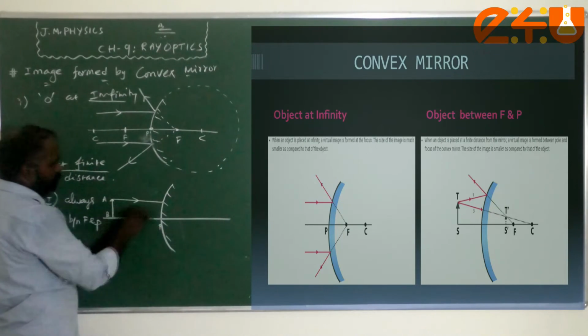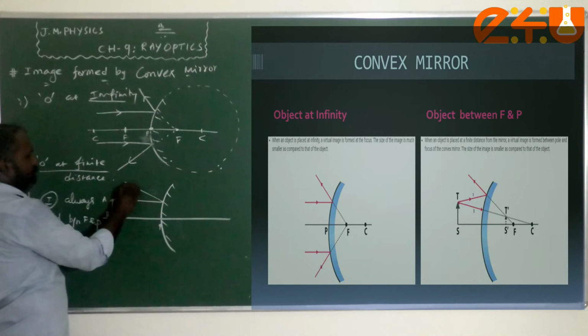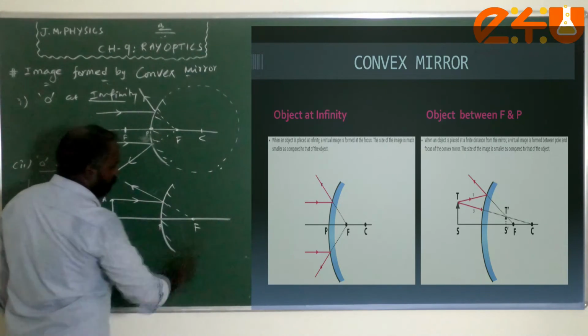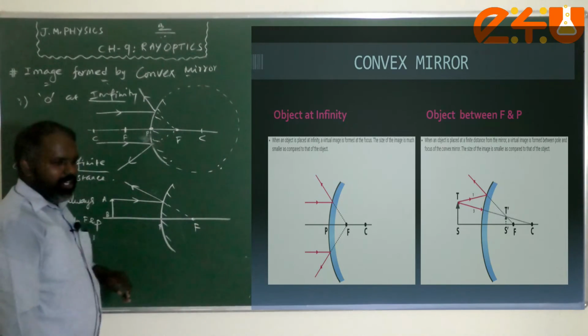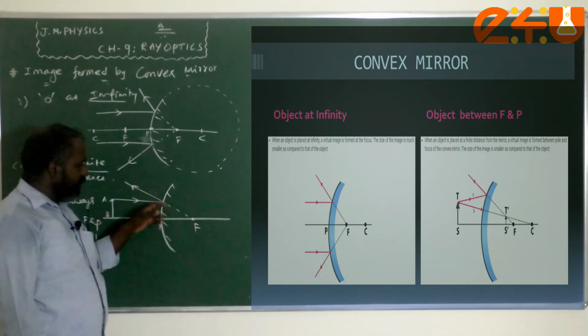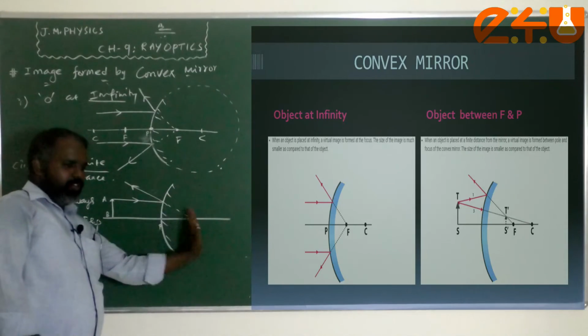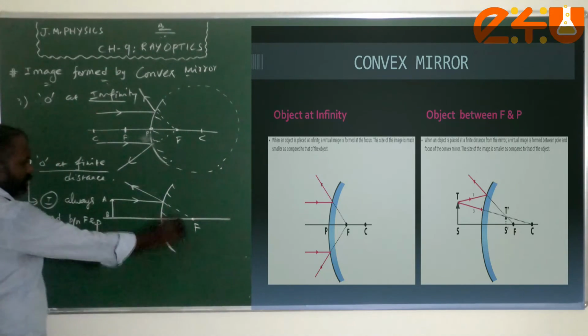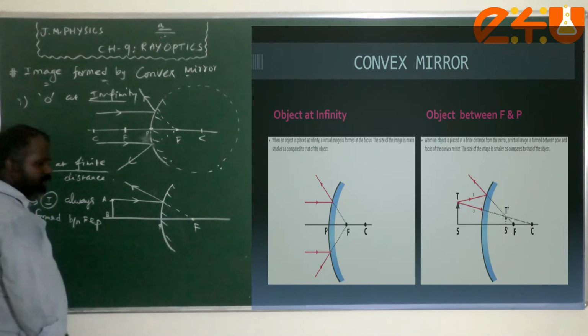If a ray is parallel to the principal axis, after reflection it will appear to be coming from, that is the word that differs from the concave mirror. There the rays actually pass through, but here it appears to be coming from what, children? The principal focus of the mirror.